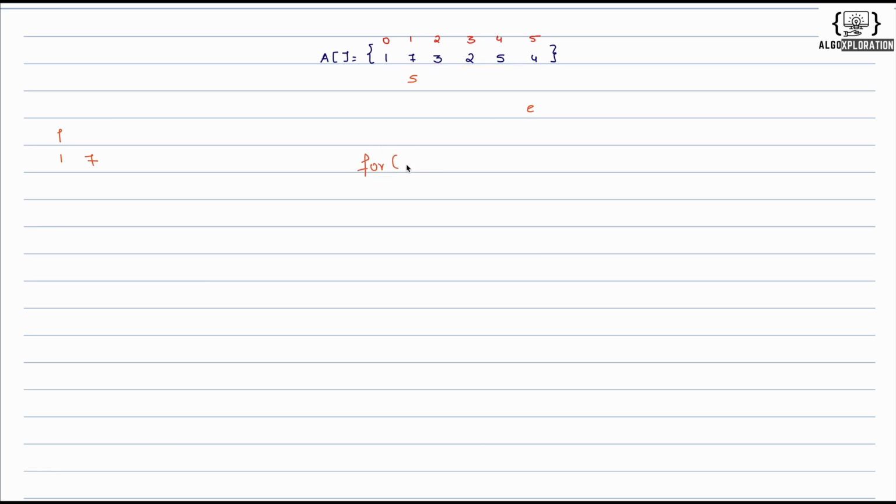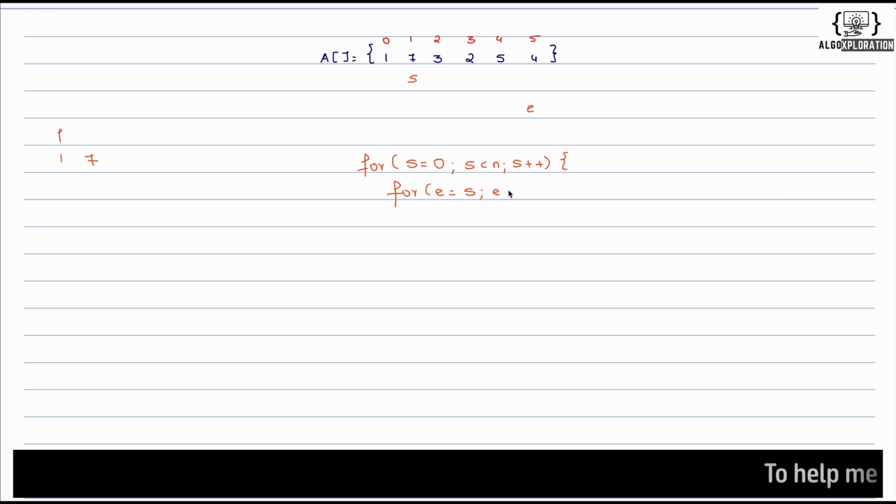Initially, my start will be running from 0, going till n. Then we will have another variable, e, which will always start from start and go till n.